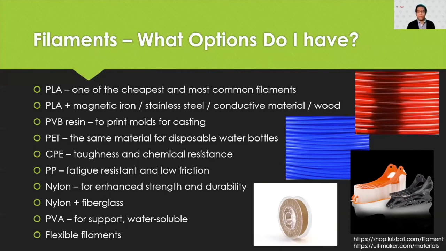Nylon is also a very common material for these kinds of things because it has increased strength and durability. And also we can add fiberglass to that filament to make our design even stronger. Other filaments available are flexible filaments that, as the name suggests, print a piece that is flexible to manipulate.